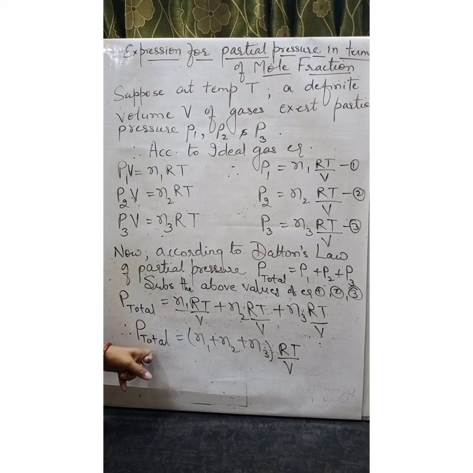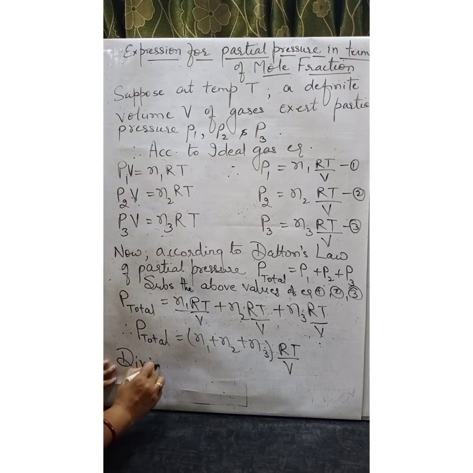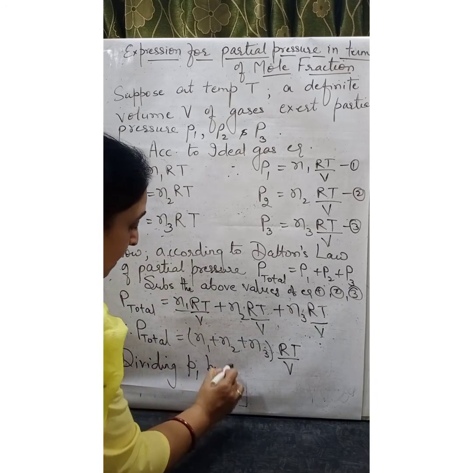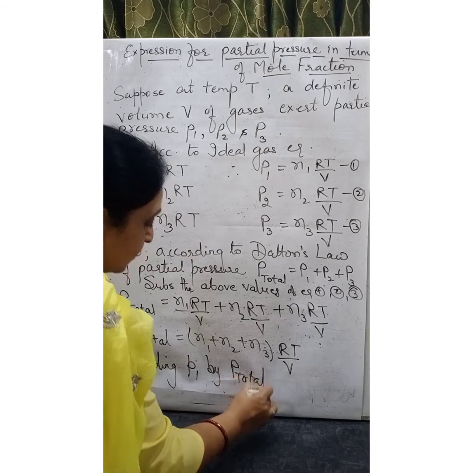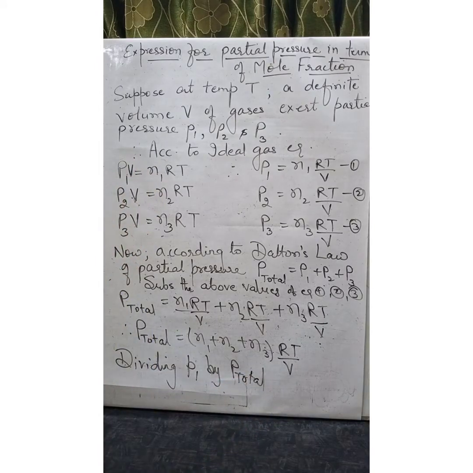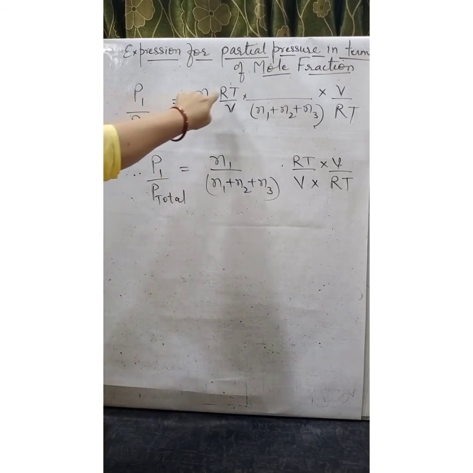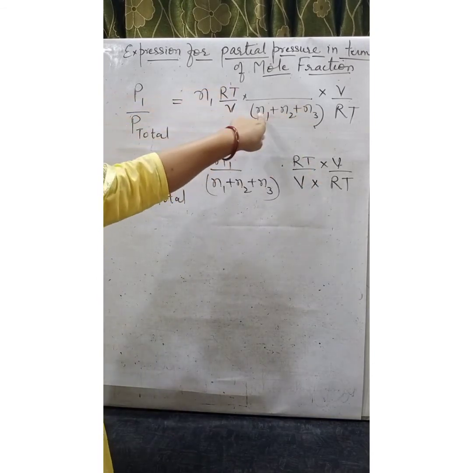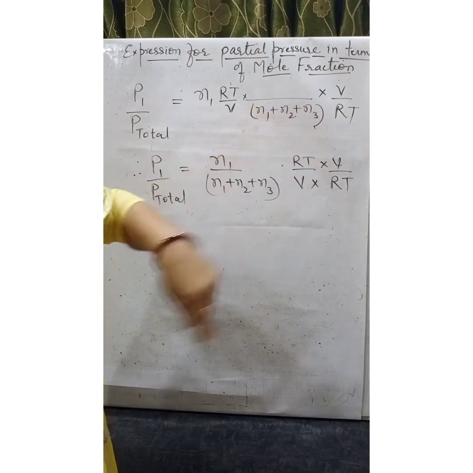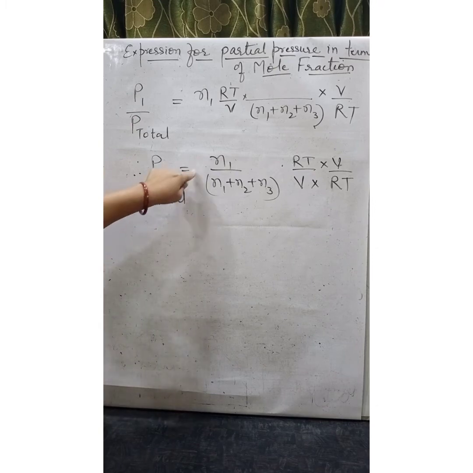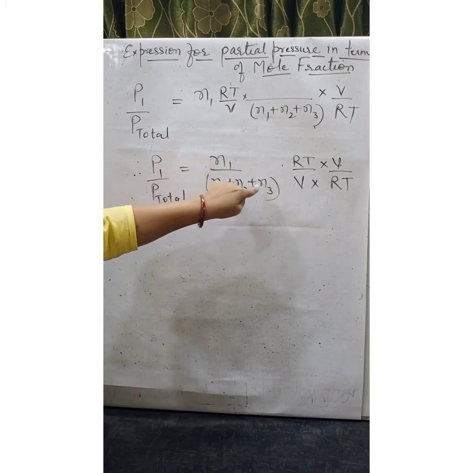Now dividing P1 by P total, we get P1 upon P total is equal to n1RT upon V divided by n1 plus n2 plus n3 into RT upon V. So we get P1 upon P total is equal to n1 upon n1 plus n2 plus n3.